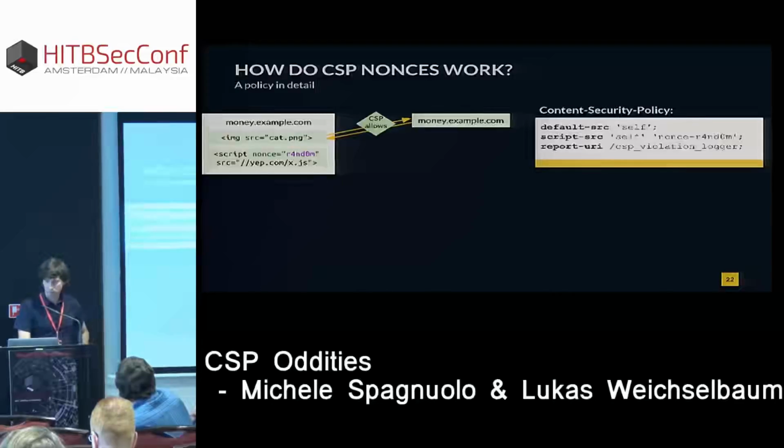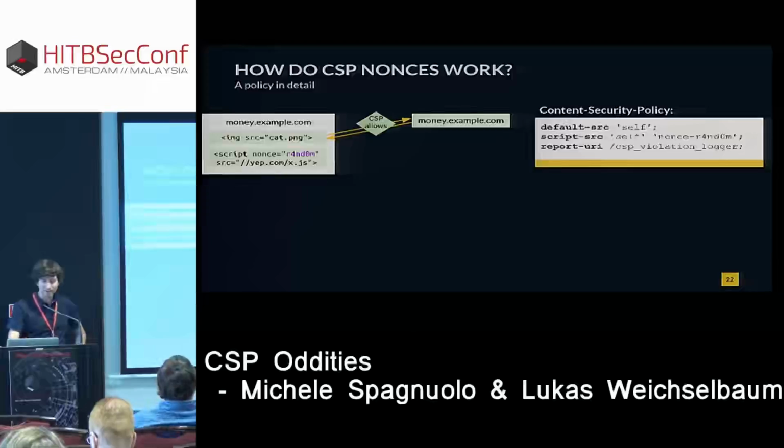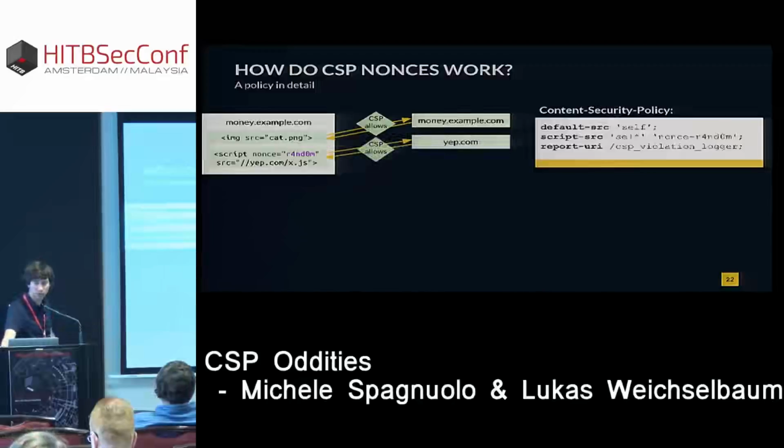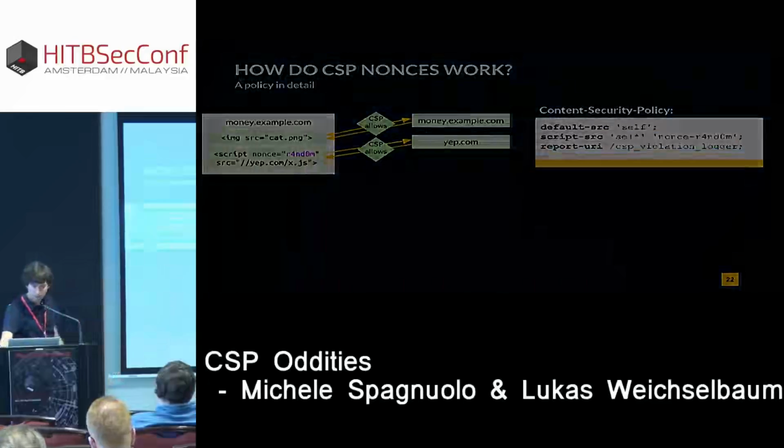Some people can mess it up. But this one would be fine: script nonce something would execute because it has a nonce. Yep.com is not on the whitelist, but that doesn't matter anymore because there's a nonce.